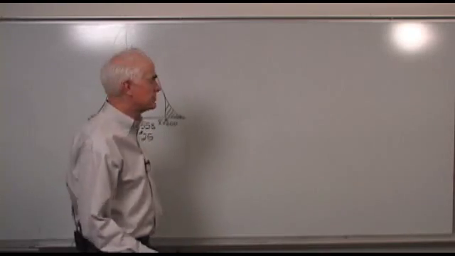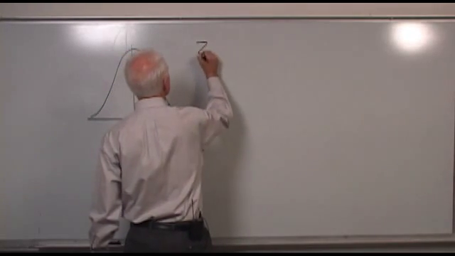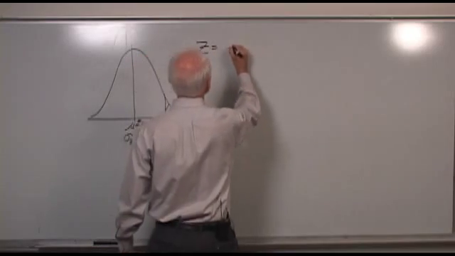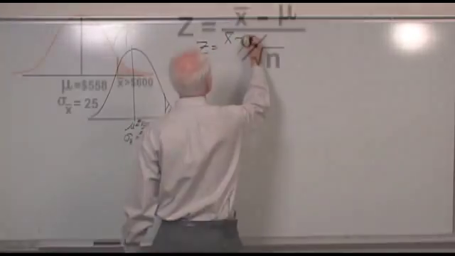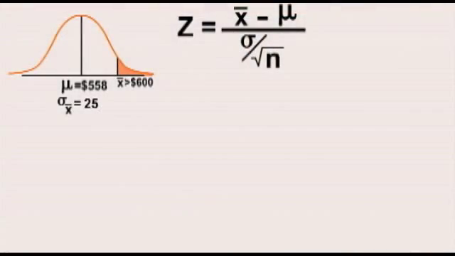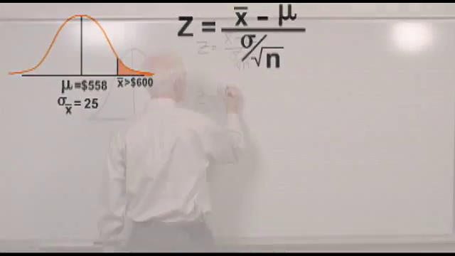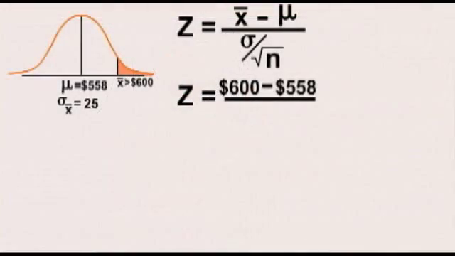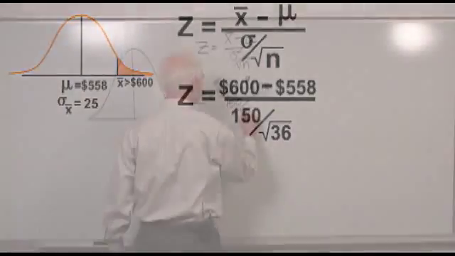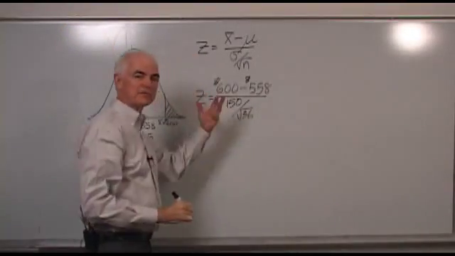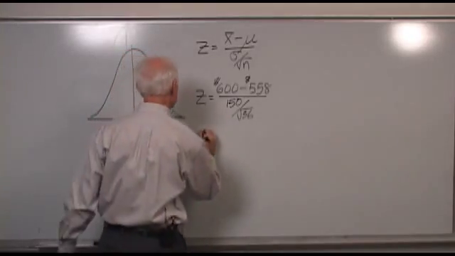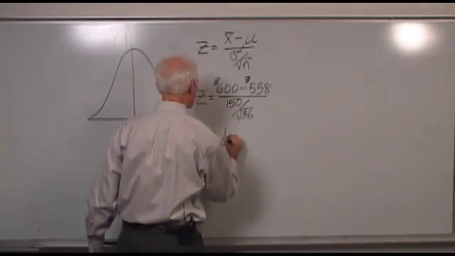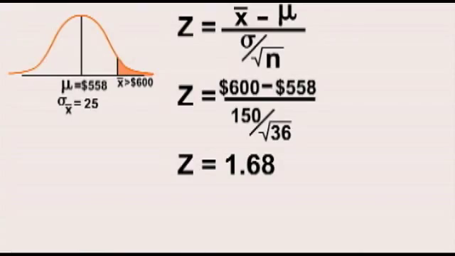Entering the data into our z formula, we can solve for the z for this particular problem. Our sample mean is 600. The population mean is 558, the population standard deviation is 150, and n is 36, so we use the square root of 36. As a result of computing this z-score, we get a z-value of 1.68.